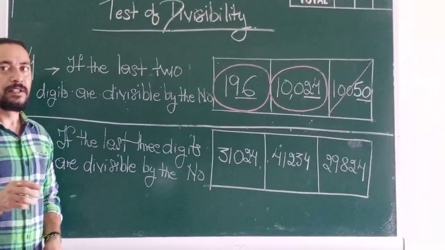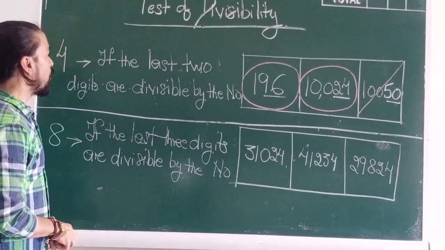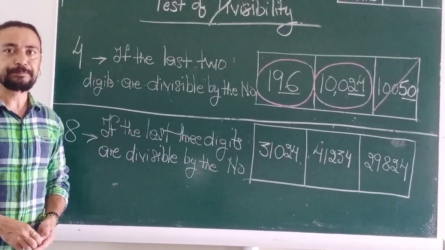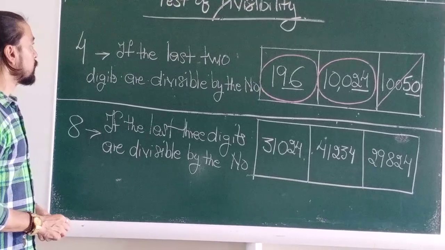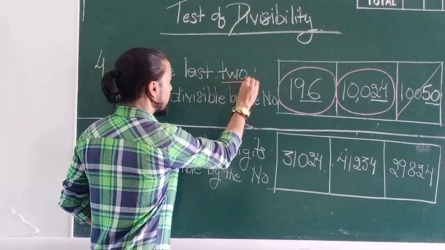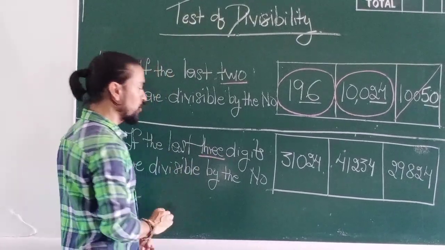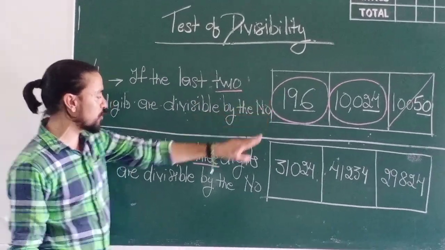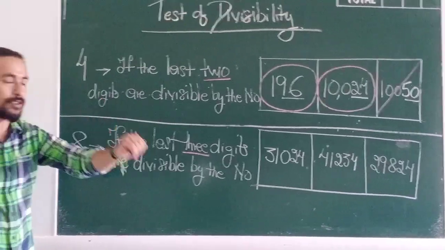For 4 it is 2 and for 8 it is 3. Okay, so I am just underlining 2 and 3 here also for you to be very clear and specific about it. That for 4 it is the last 2 digits, for 8 it is the last 3 digits.